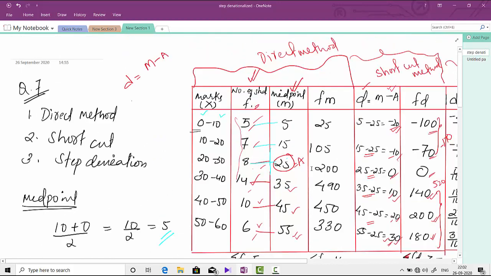All right, so we have finished question number 7. While you're watching this video, I want you to first watch it carefully and understand how we are solving it in the direct method, shortcut method, and step deviation method. Once you understand it, write it down in your notebook. Then I want you to try question number 8 as well.